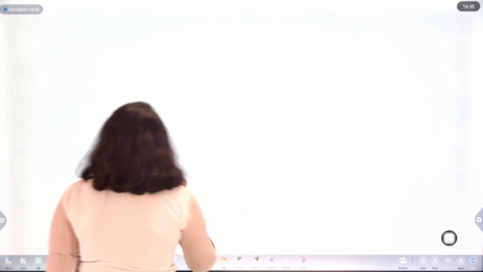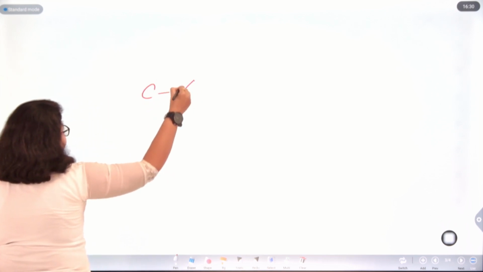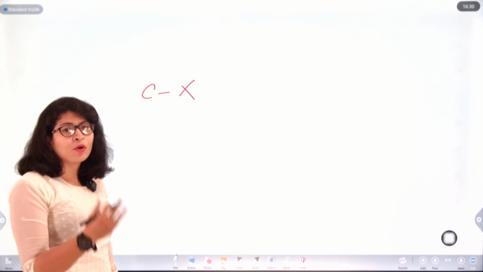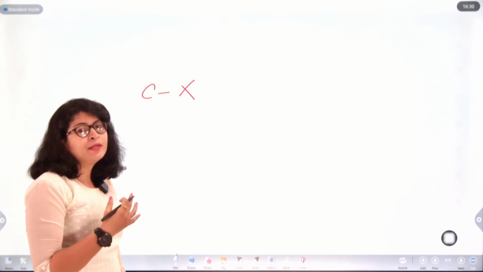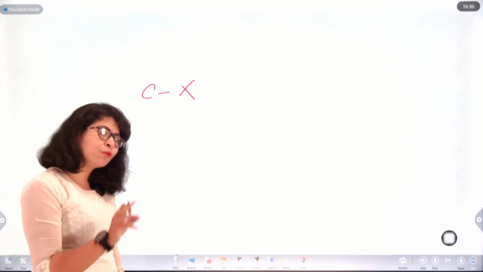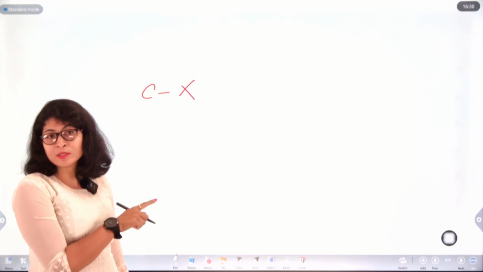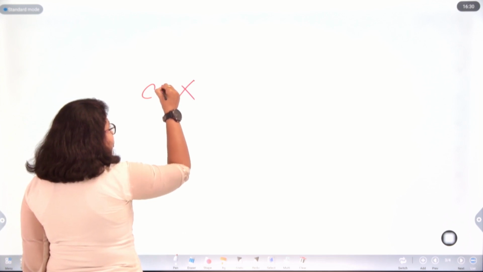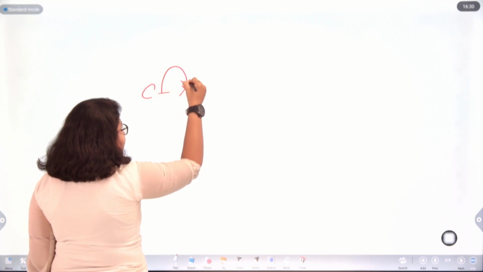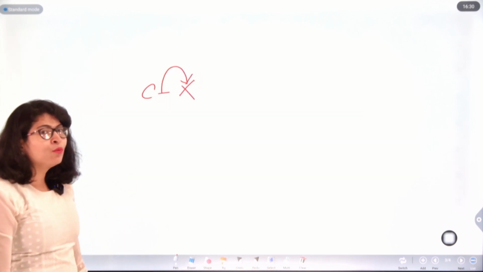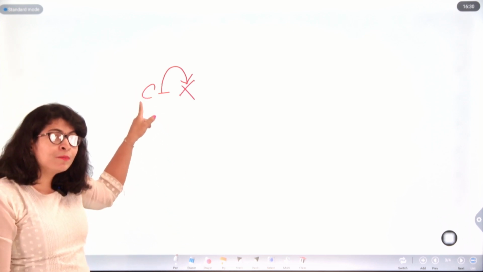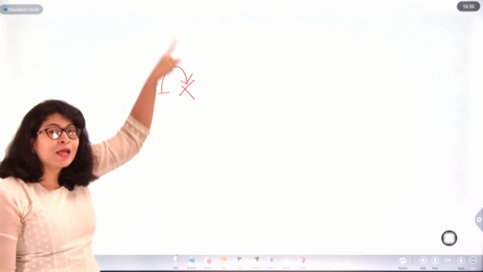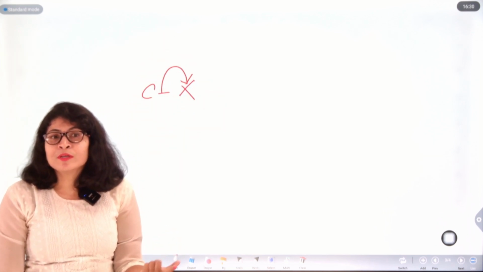If I'm taking the example carbon X. Now we will assume X is a stronger friend of carbon. X will take up all the electrons along with itself and leave behind a positive charge on carbon. In that case I will show the arrow like this, which means the arrow will start from the atom which is giving its electron and will end at that atom to which the electron is shifting.